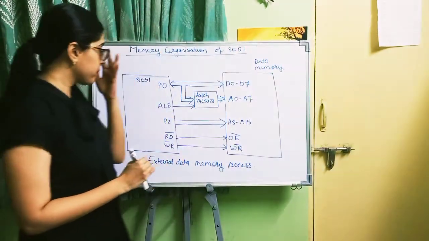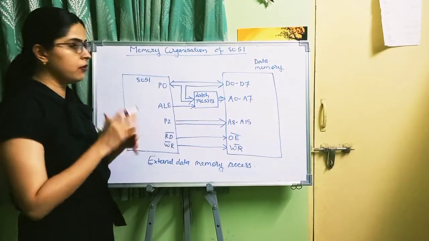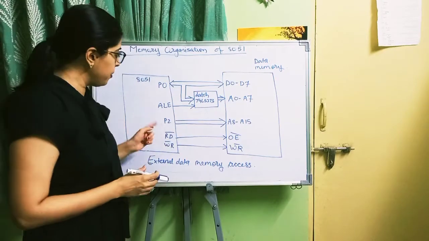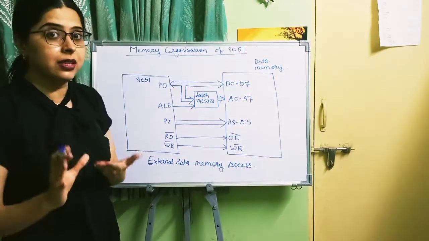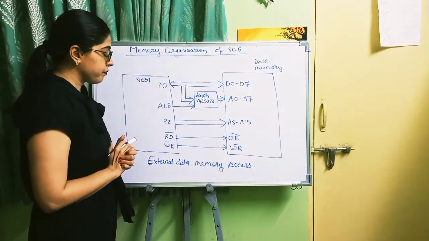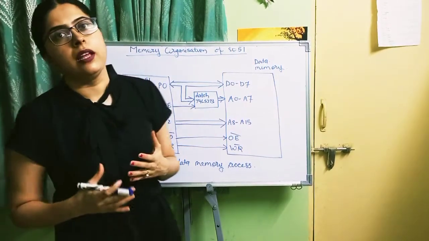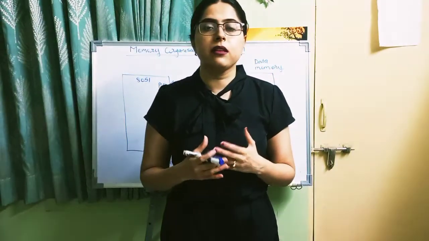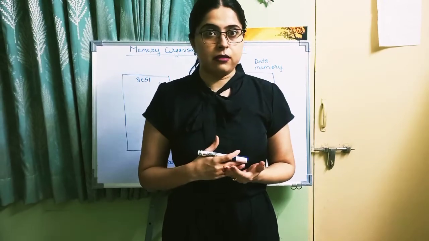Now you must be wondering what RD bar and WR bar are, and which pins these are. These two are pins of port 3.